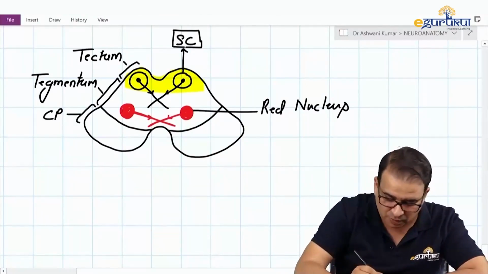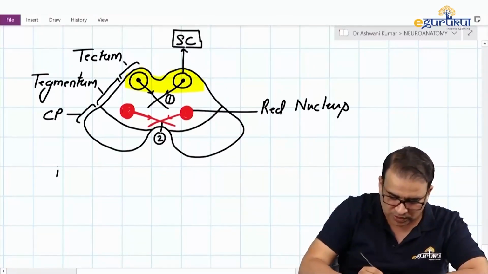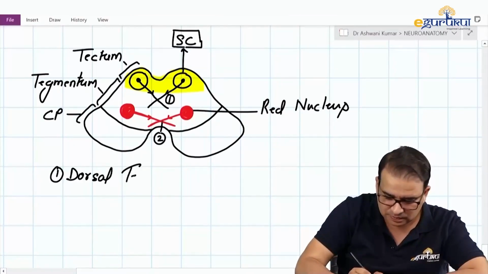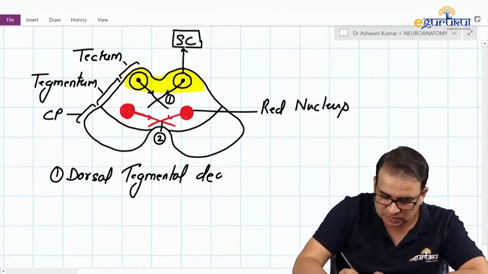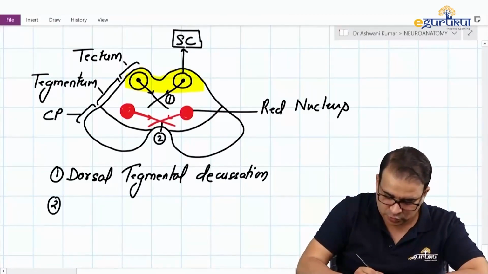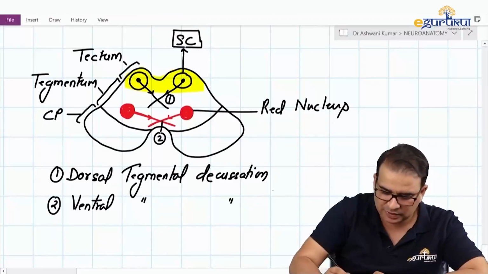So if I give this number 1 and this number 2, 1 is the dorsal tegmental decussation, and number 2 is ventral. It is present more anteriorly, so that's the ventral tegmental decussation.